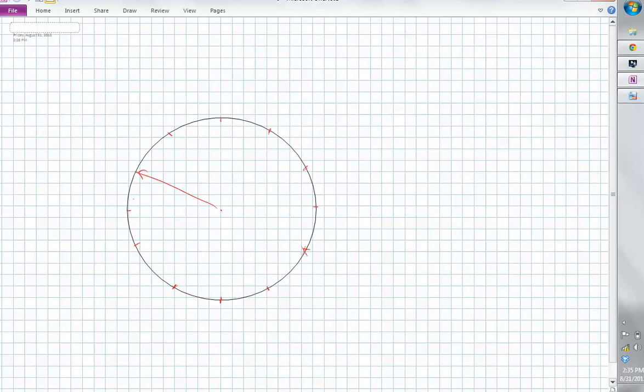How do you find the coordinates of that vector? It's like unit circles. Right, so what angle is that in radians?